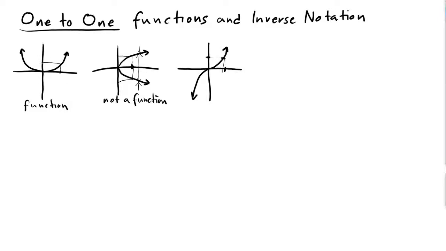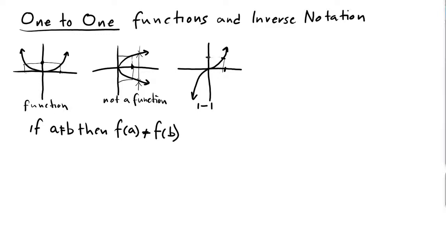Notice that's not true here, because if I look at this y value, I have one x on this side and another x on this side. Perfectly fine for a function. This is one-to-one. So the idea here is if a is not equal to b, then f of a is not equal to f of b.